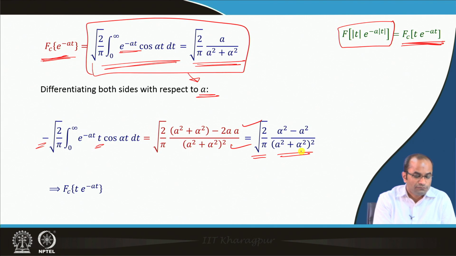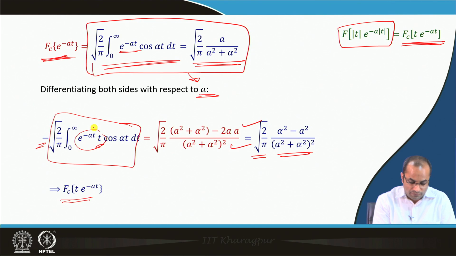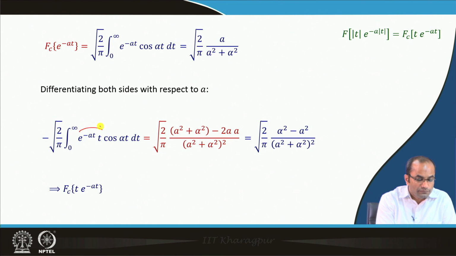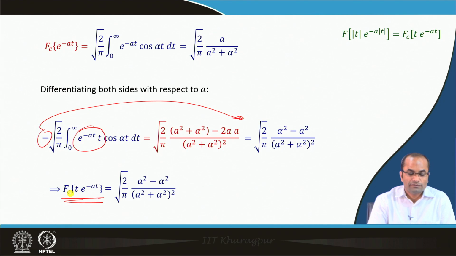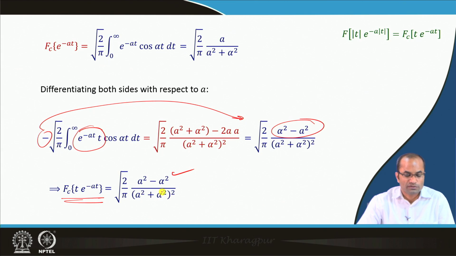That means this is the Fourier cosine transform of t e power minus a t with this factor 2 over pi under the square root, and this minus sign we can bring to the right hand side. So, the Fourier cosine transform of t e power minus a t, with this minus adjusted, is a square minus alpha square over alpha square plus a square whole square.